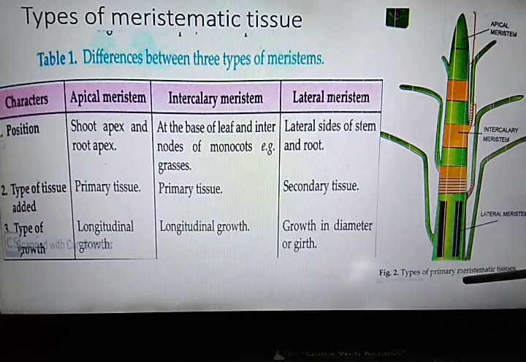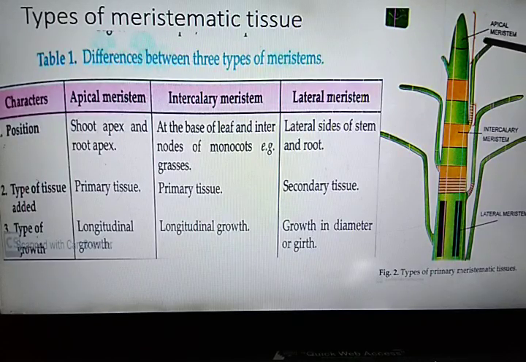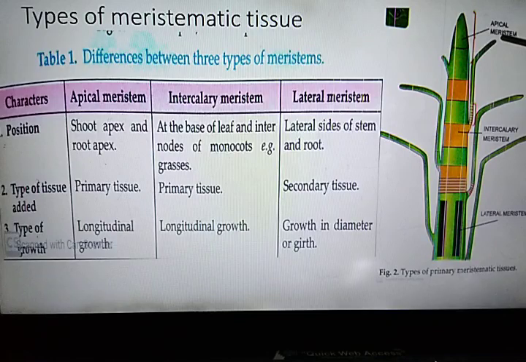You can see the diagram. This is the diagram of a stem. So at the tip of the stem, apical meristem is present, and apical meristem is made up of meristematic tissue. So apical meristem is present at the tip of the shoot or stem and root.